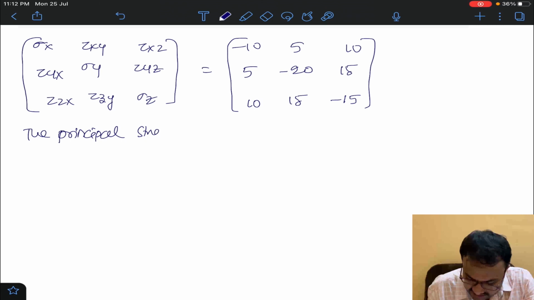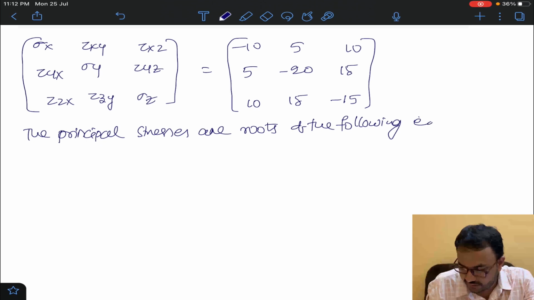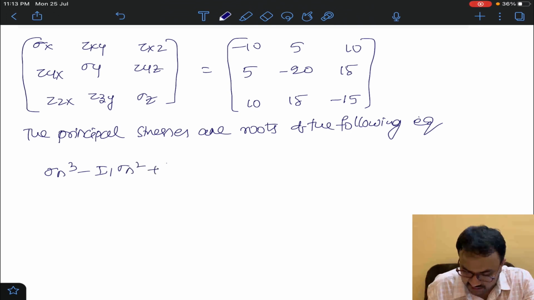The principal stresses are roots of the following equation: sigma n cube minus I1 sigma n square plus I2 sigma n minus I3.